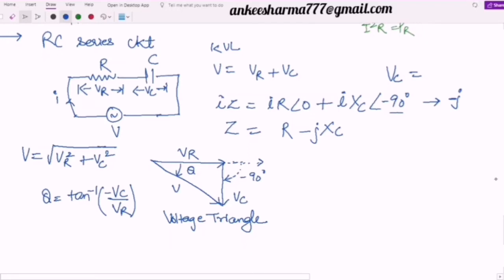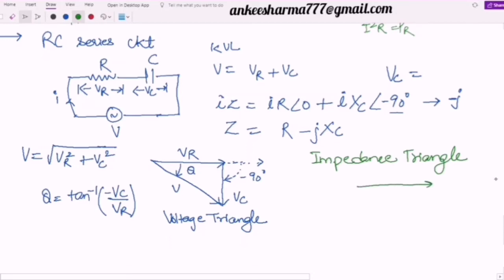Similarly, if I have to draw the impedance triangle, in the impedance triangle we will make use of the impedance values. So we have three values over here. One is R, second is XC.